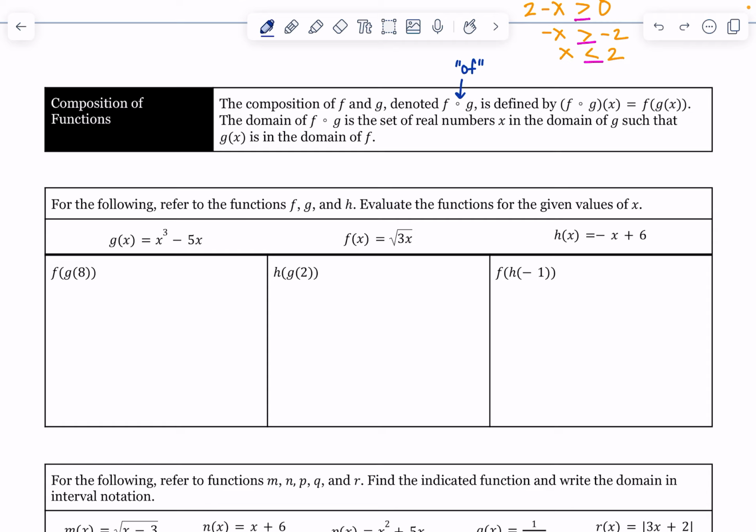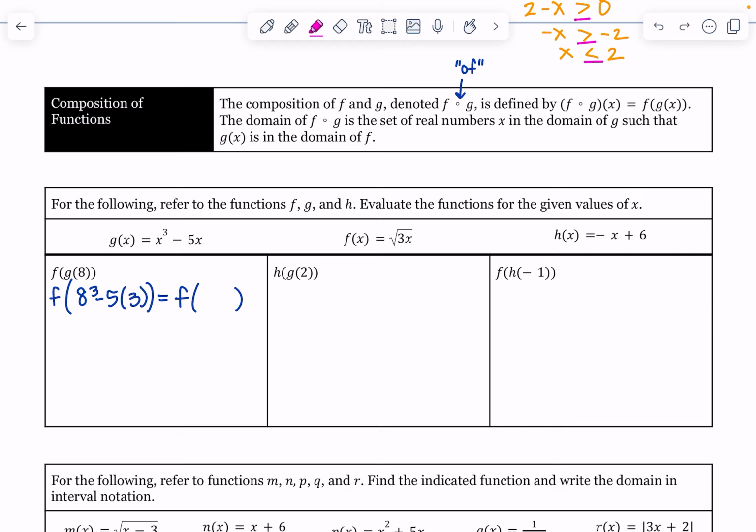So for the following, refer to the functions f, g, and h. Evaluate the functions for the given values of x. So f of g of 8. So we need to find g of 8 first. So f of, and then I'm going to do 8 cubed minus 5 times 3. And when I do that, I'm just going to plug all of that in my calculator.